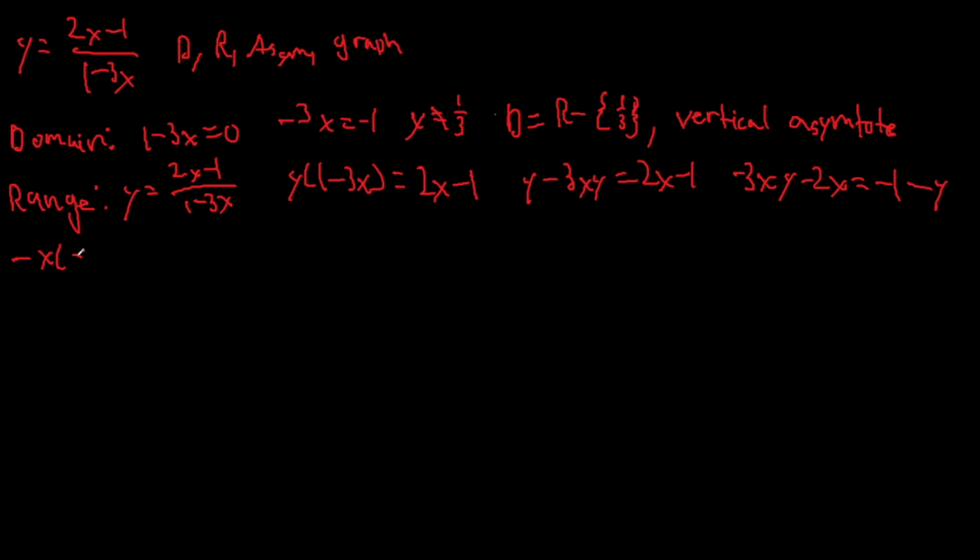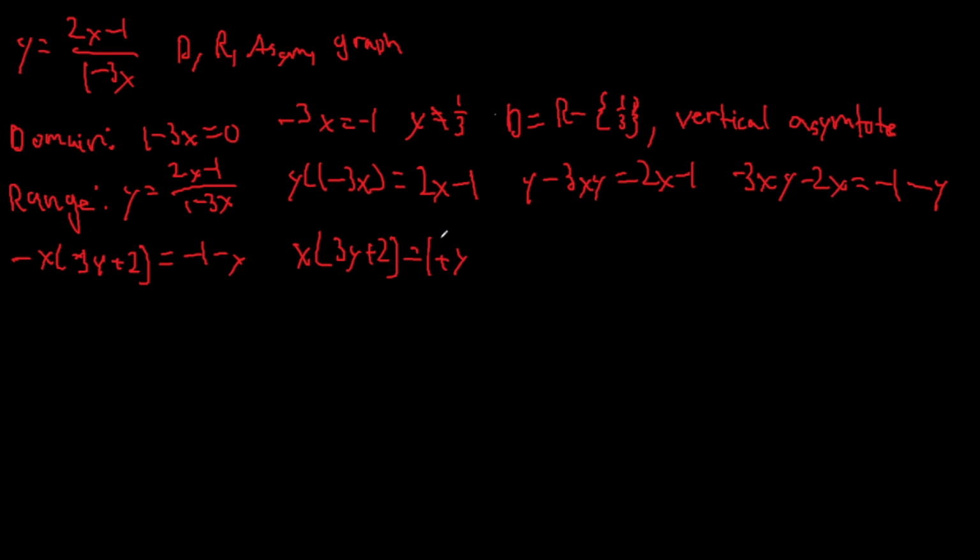And it'll be negative x times (3y plus 2) equals negative 1 minus y. And if we just multiply negatives on both sides, it will be x times (3y plus 2) equals 1 plus y. Okay, we're almost done.